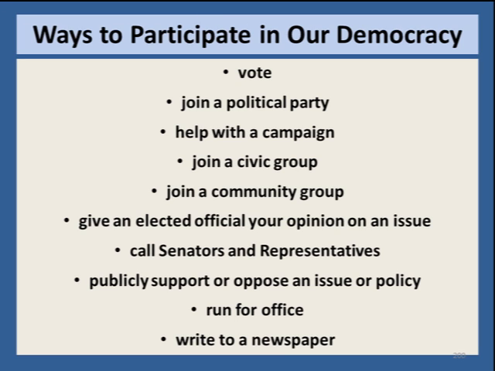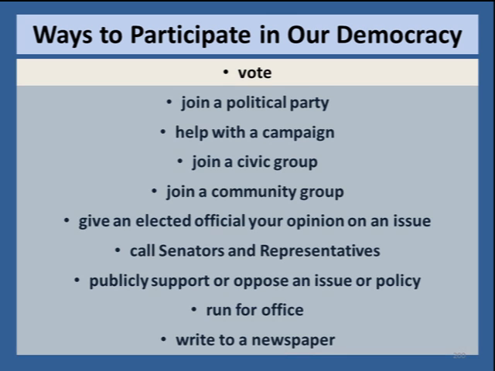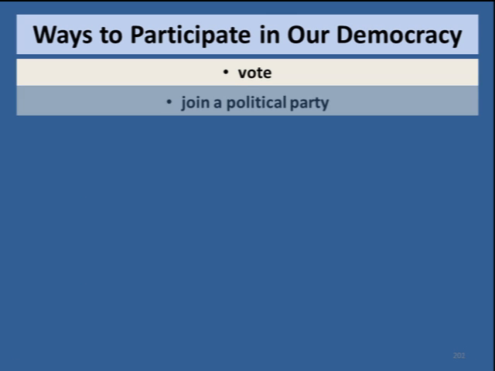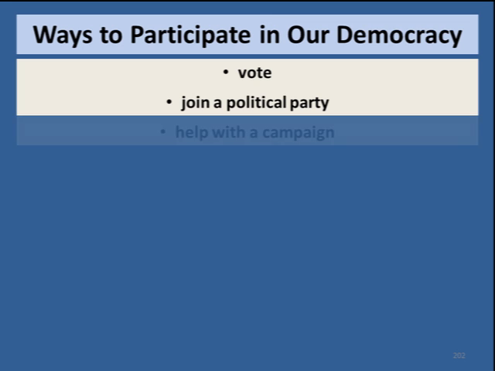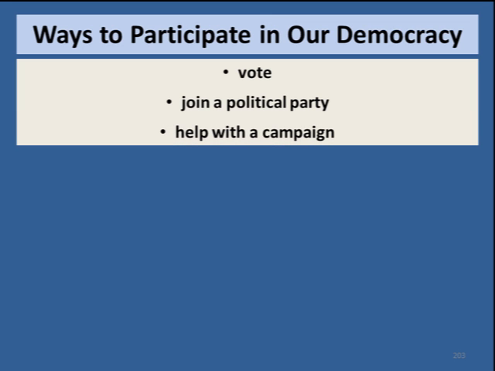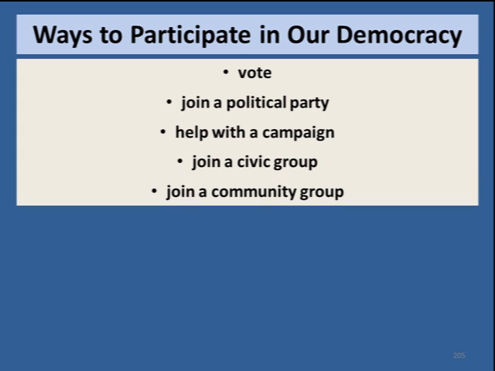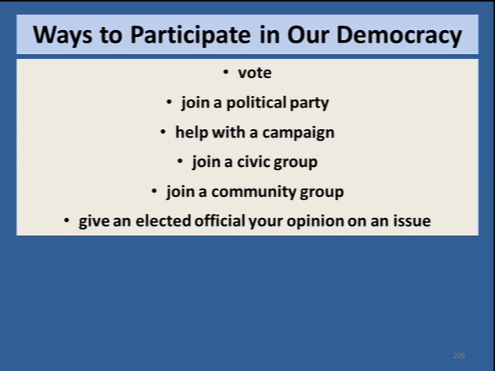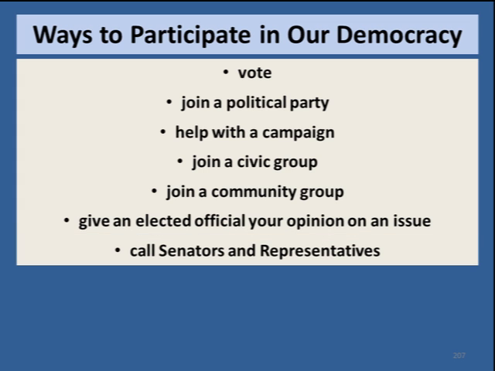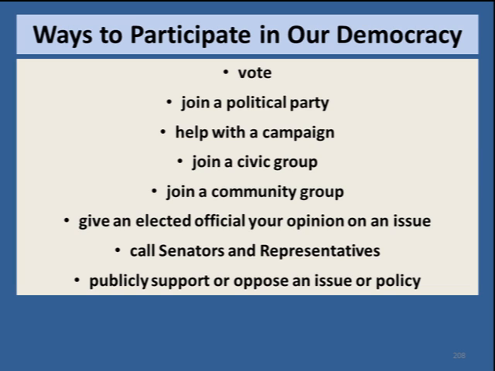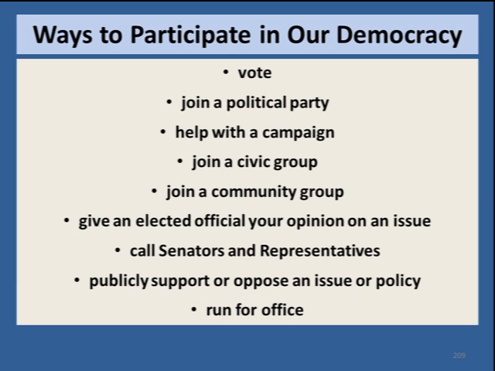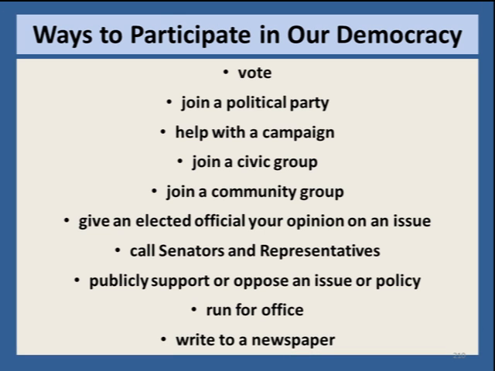Some ways Americans can participate in their democracy are: vote, join a political party, help with a campaign, join a civic group, join a community group, give an elected official your opinion on an issue, call senators and representatives, publicly support or oppose an issue or policy, run for office, and write to a newspaper.